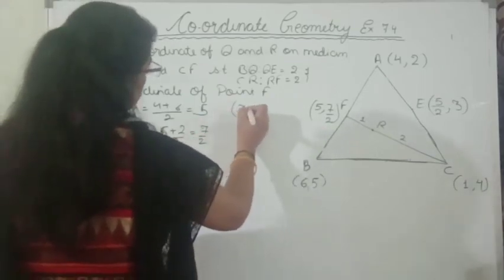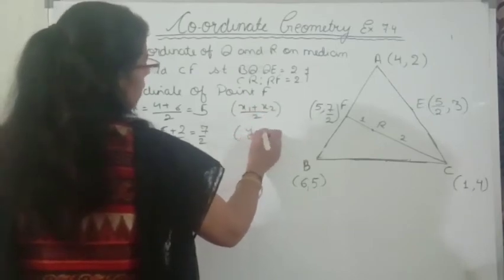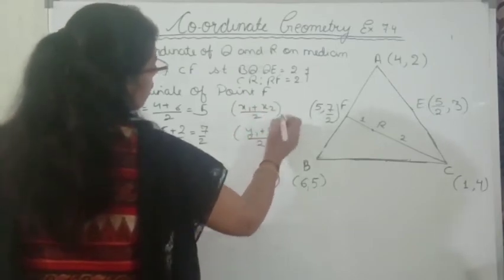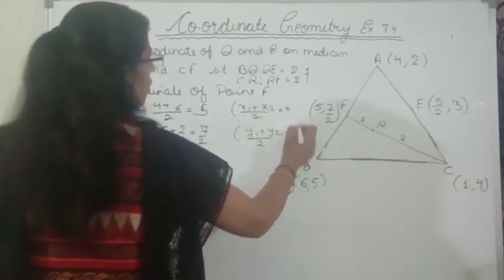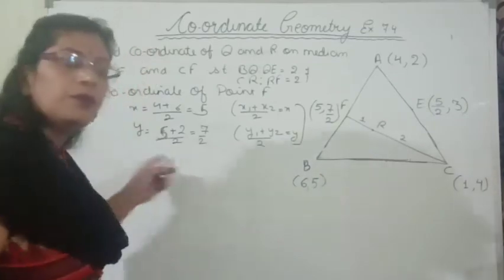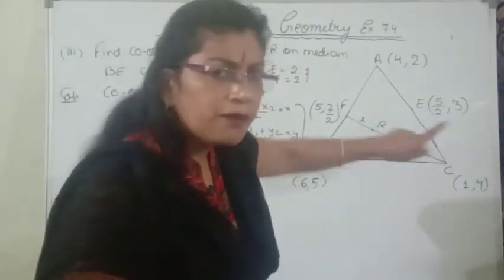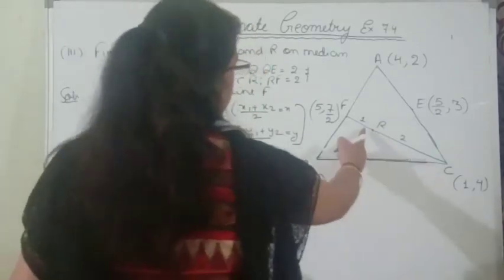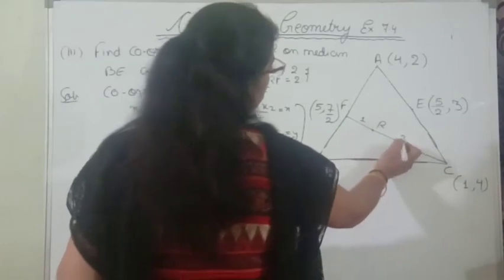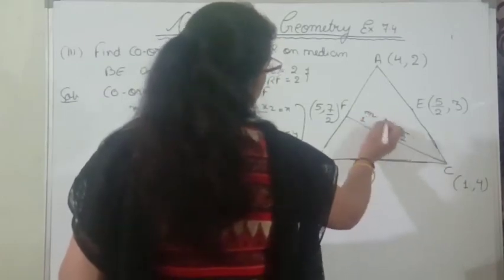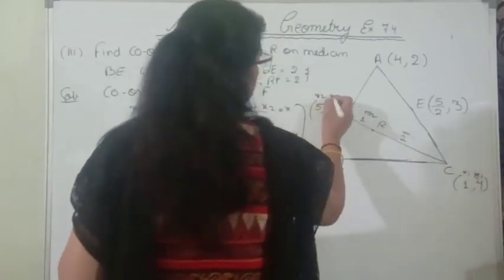Why did we get this? Because the x coordinate is x1 plus x2 divided by 2, and the y coordinate is y1 plus y2 divided by 2. These are the coordinates of the midpoint. So let us now find the coordinate of point R by the same section formula. Let me say this is M1, this is M2. If we take this as M1, then this side will be x1 y1 and this will be x2 y2.